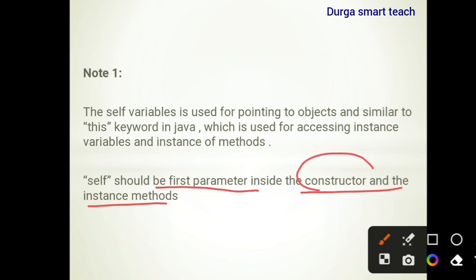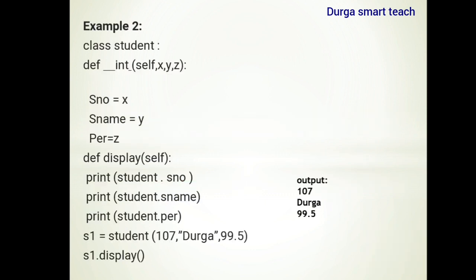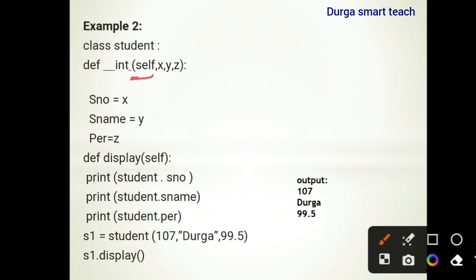In the next class I will discuss the constructor. So self is the first parameter inside the constructor, and that's why we have taken self here. What is the work of self? It is used to point to the current working object. I hope it is clear.